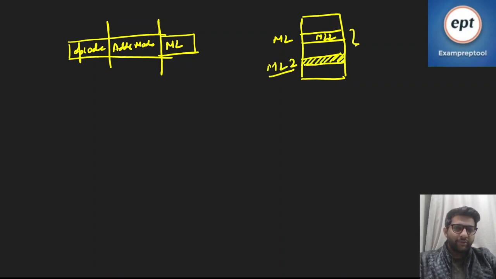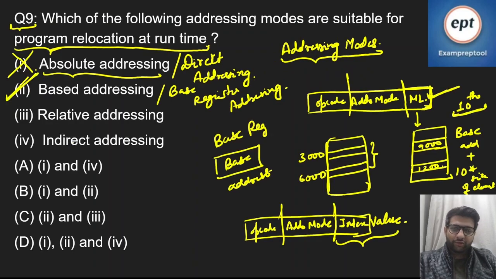If we relocate this program, we first have to change the memory location values in the instructions, and then again change the values at these locations, because this is again a new location. That will take a lot of time, and we need to recompile the program to get the instruction. So this also does not support program relocation.